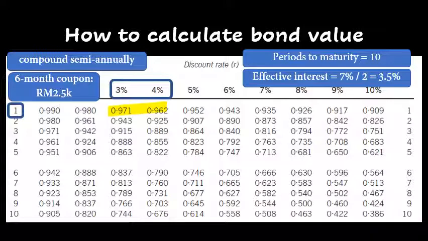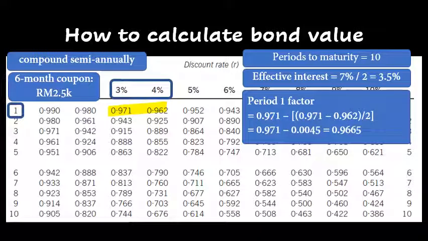So to get to the factor value for 3.5%, we can divide 0.009 by 2, and that will give us 0.0045. Note that the factor is actually decreasing from 3% rate to 4% rate. Thus the factor for 3.5% will be 0.971 minus 0.0045, and that gives us 0.9665.